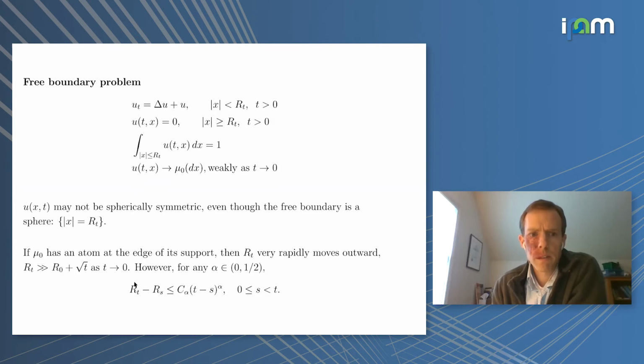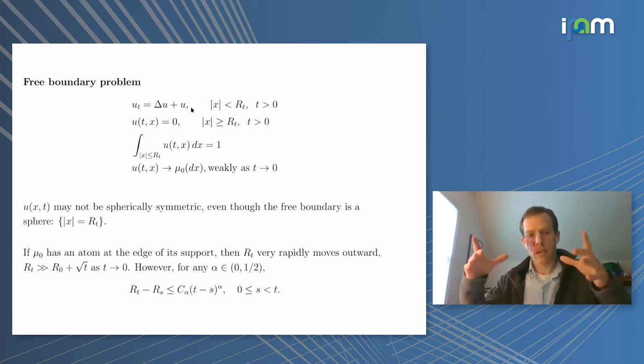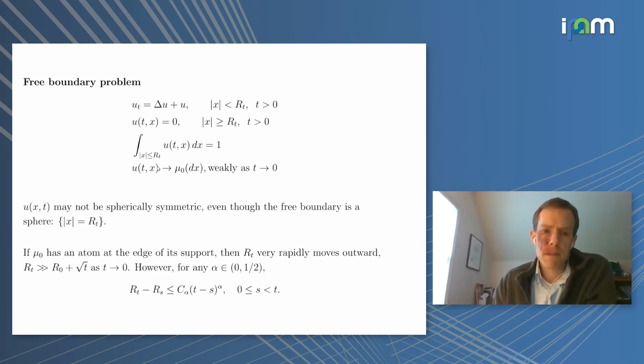All right, let me say a few things about the solutions. Although the domain in which the PDE is satisfied consists of Euclidean balls of changing radius, this is spherically symmetric, the solution u may not be spherically symmetric because the initial condition need not have spherical symmetry.